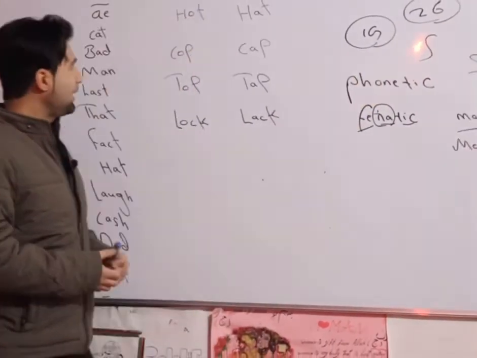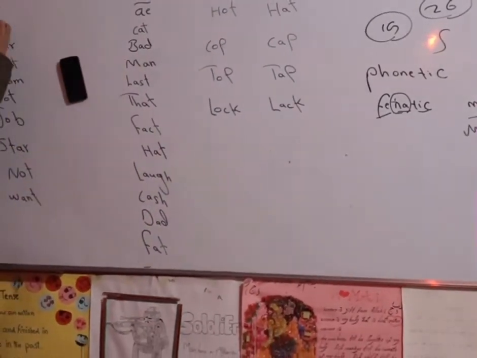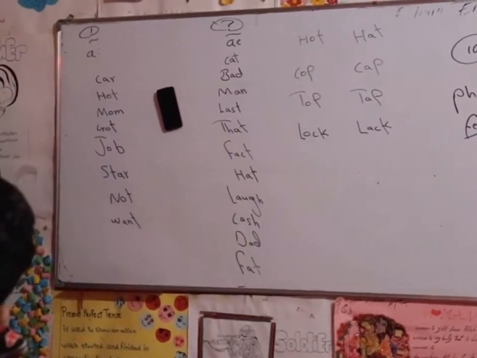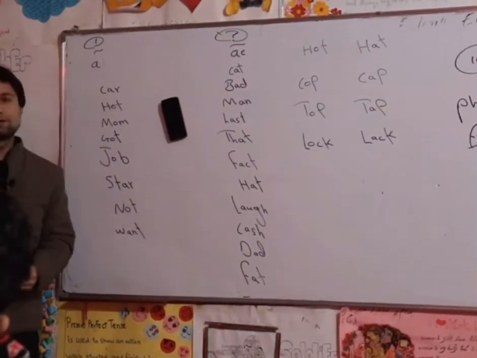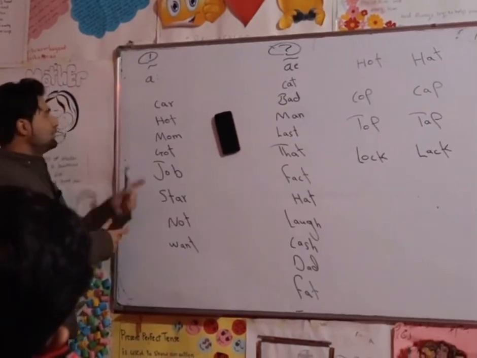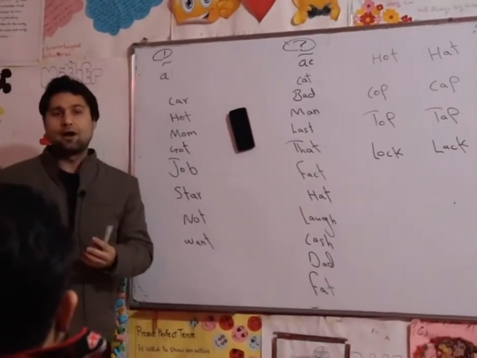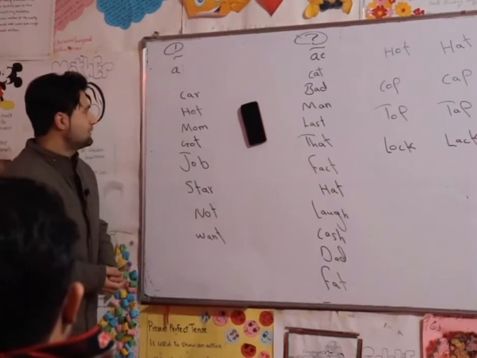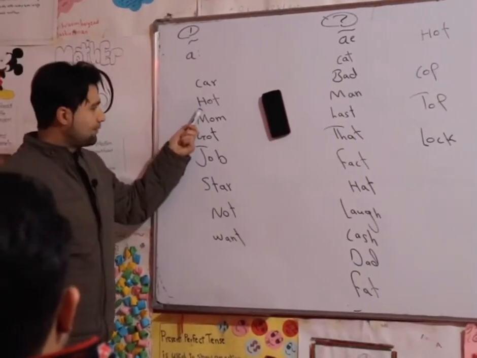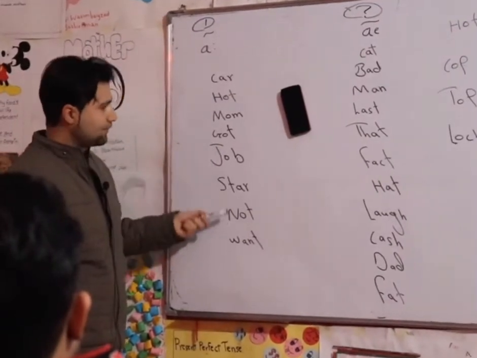So how many vowels and semi-vowels do we have in the English language? 15. Today we're going to talk about 2. The first sound is ah. You need to pronounce this as ah. For example, this is the word, this is another word, you can see a lot of words here.